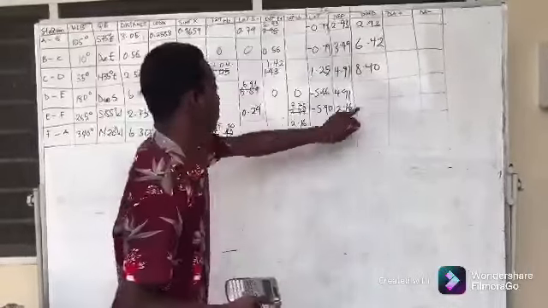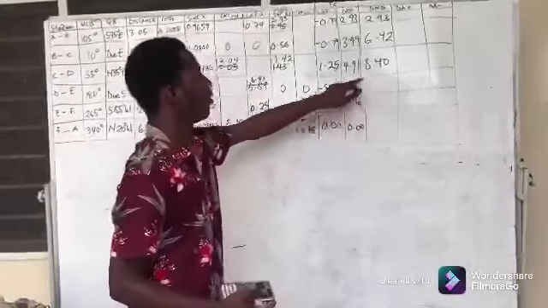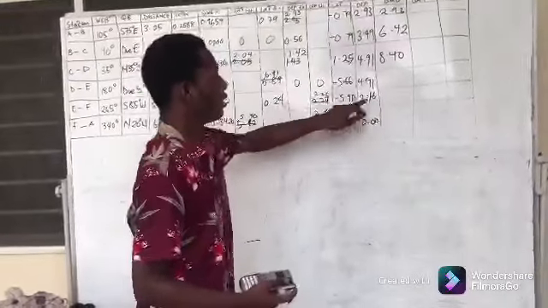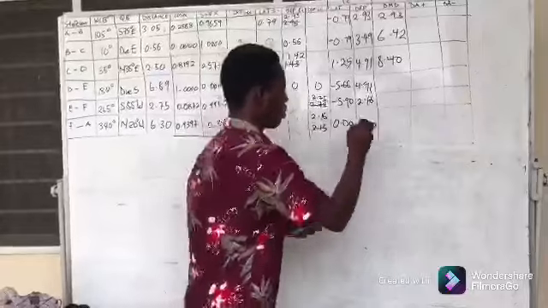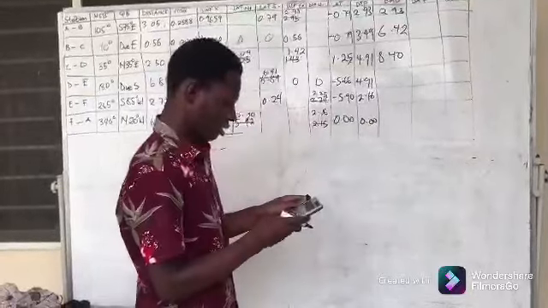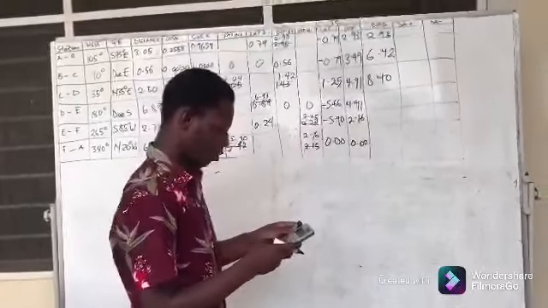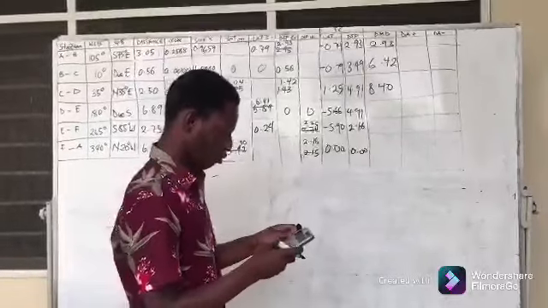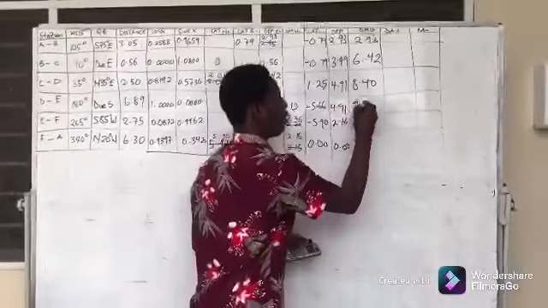So to find the DMD for station D, you have to add this plus this, which will give you 4.91 plus 4.91, which will give you 9.82.